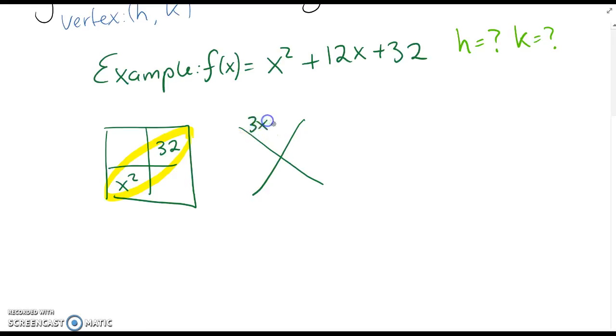So we have 32 and x squared on the top, and 12x on the bottom. Take a second to factor that.